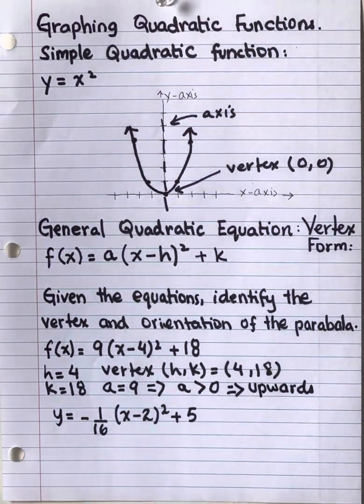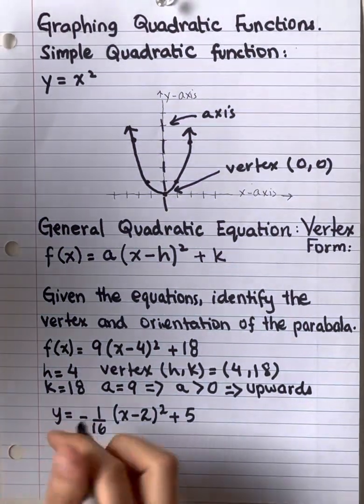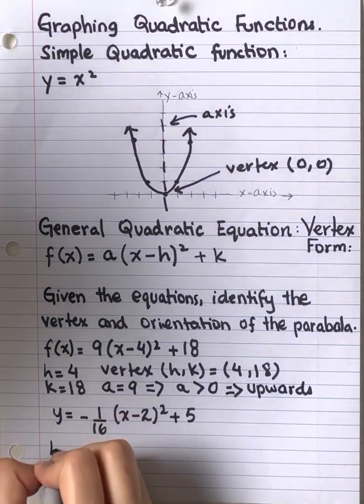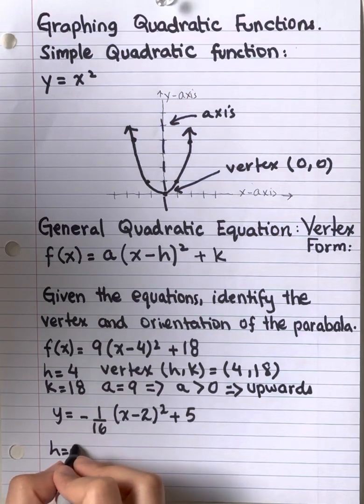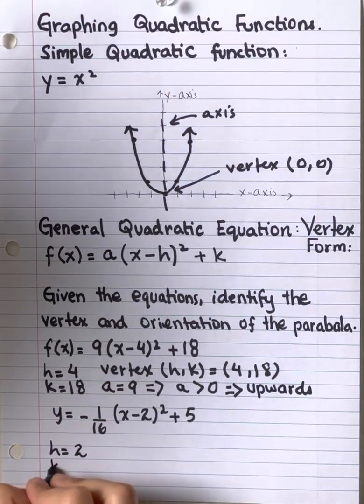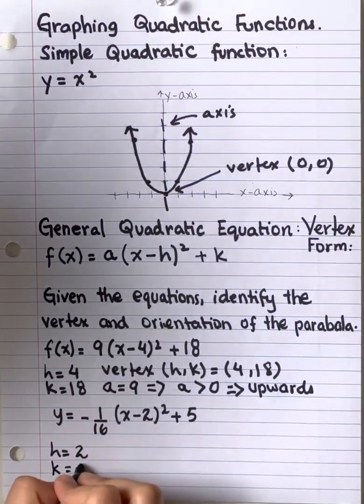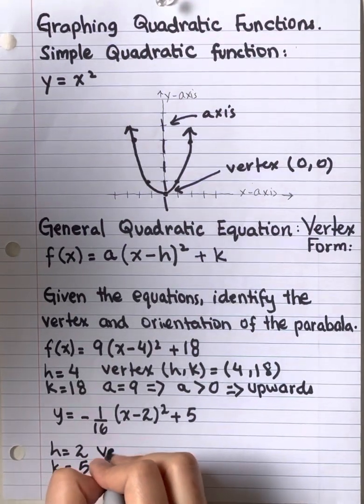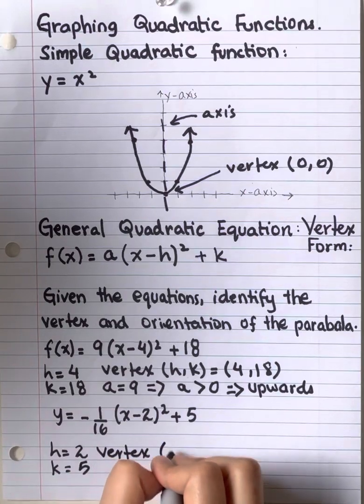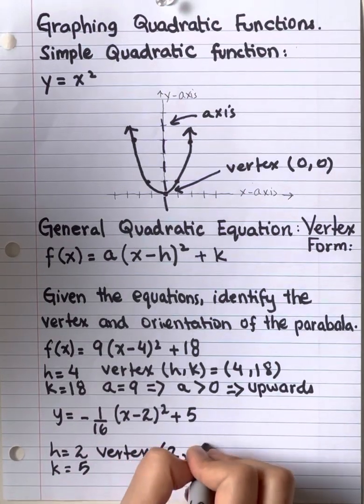Now for the second part of our question, we have the h value. So it's x minus 2, which means the h value is plus 2. K value, which is plus 5. So our vertex is (2, 5).